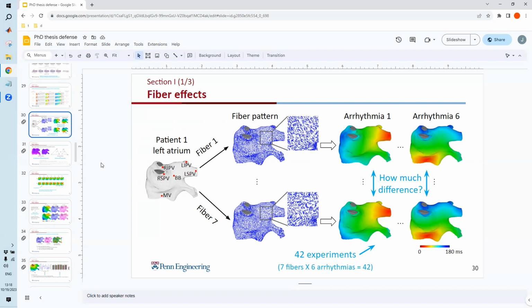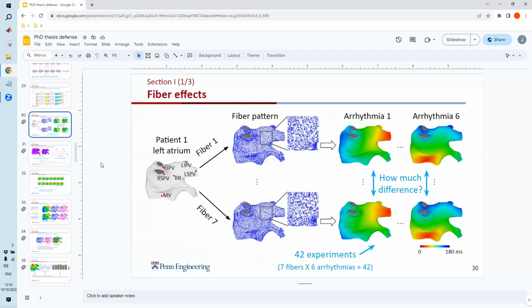One is that different patients have very different fiber organizations. And then region by region, they are very different too. So in the left atrium, there's not much fiber organization, not like the ventricle. Ventricles, they have a very strong fiber organizations, and they are similar across different patients, but it's not the case for atria.